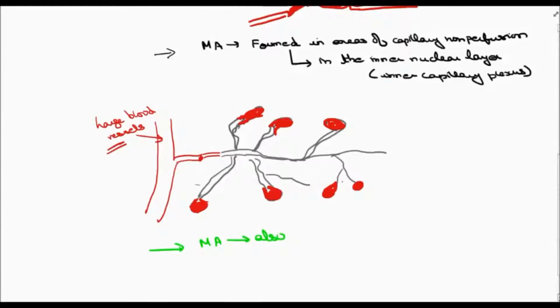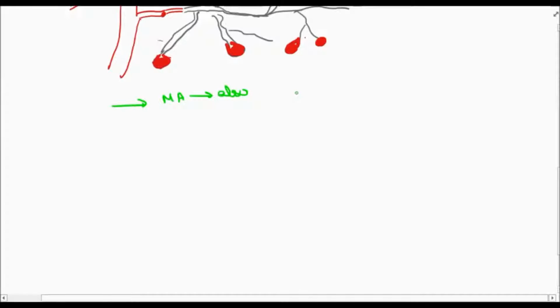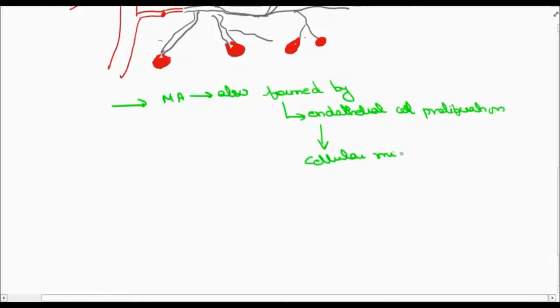Now, microaneurysms can also be formed by something called endothelial proliferation. The capillaries, as you know, have only a single layer of endothelium, but because of the diabetic retinopathy changes, there is cellular proliferation of the endothelium.